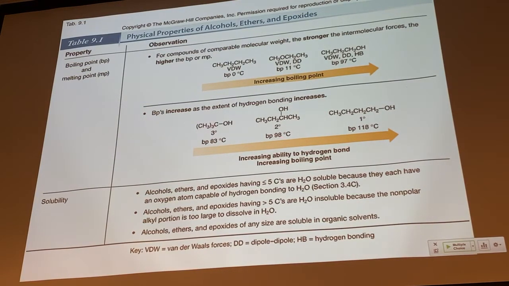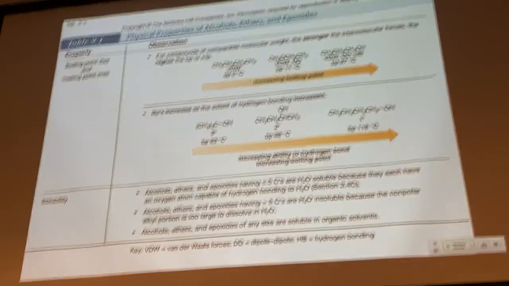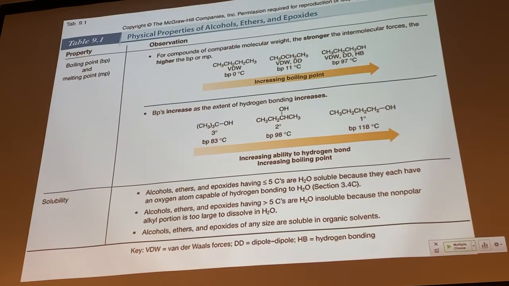That is true, but you could also just look at it the same way we did in chapter 3 and recognize that you have more surface area with your primary alcohol. So you have more van der Waals forces, and the magnitude of those van der Waals forces decreases as your surface area is decreasing. Okay? Any questions about physical properties of alcohols?